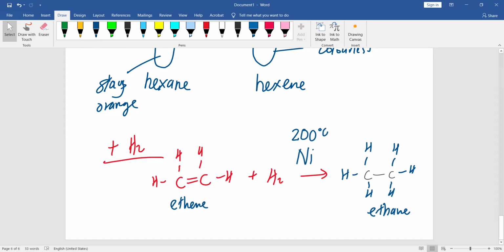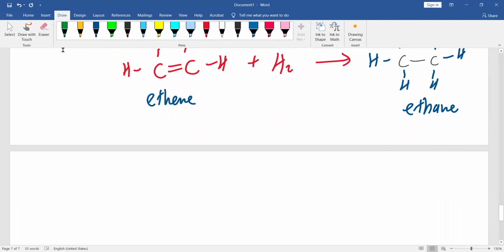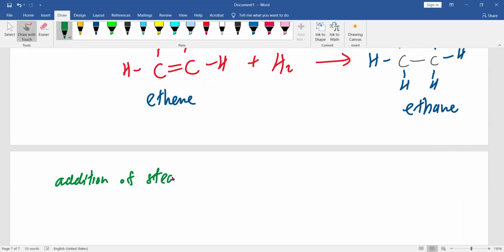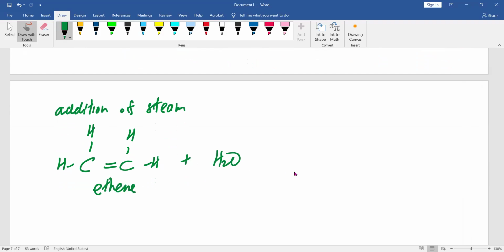Okay, the third one. Later when I put everything together, you will find that it's all connected and actually not so difficult. So addition of steam. What is steam? Water. Steam is water.